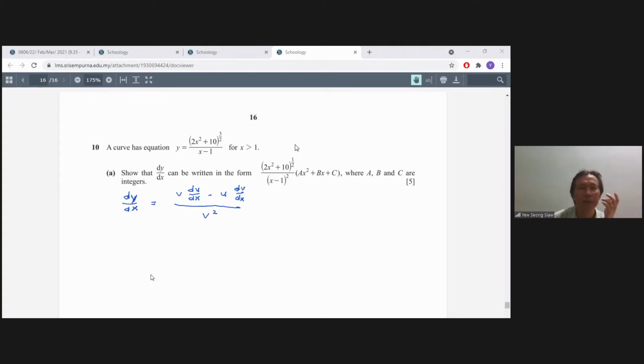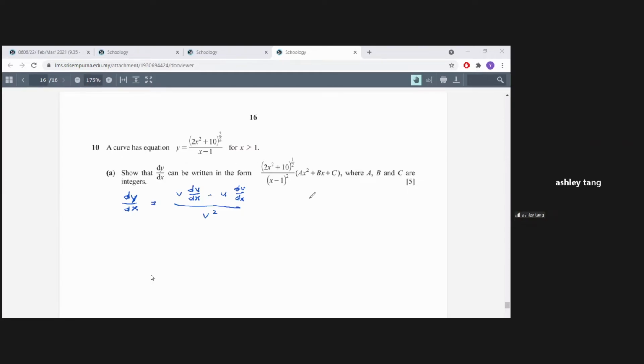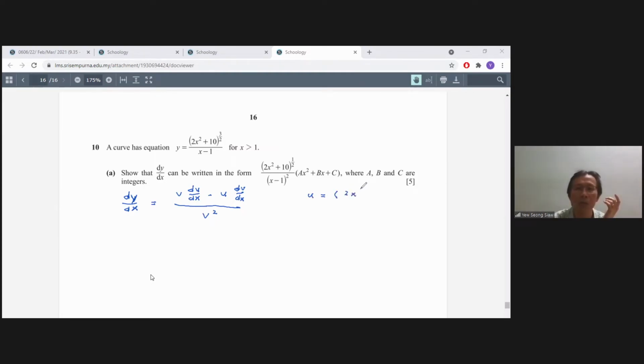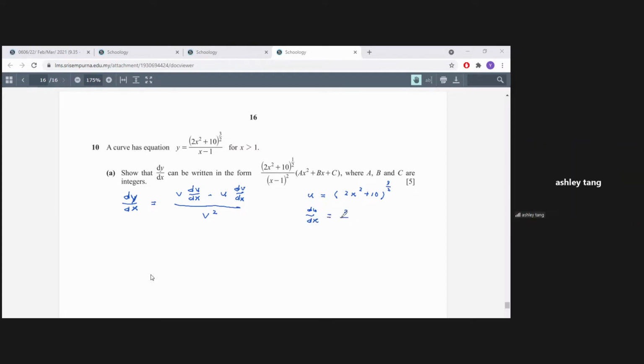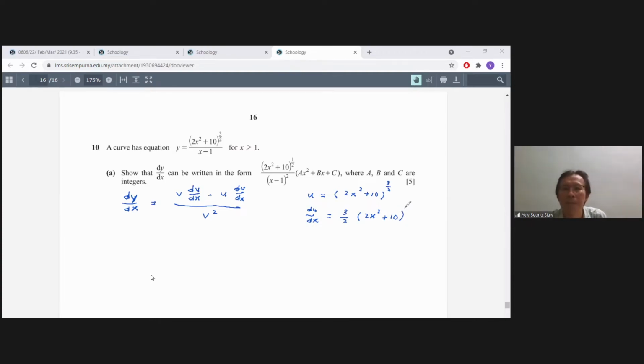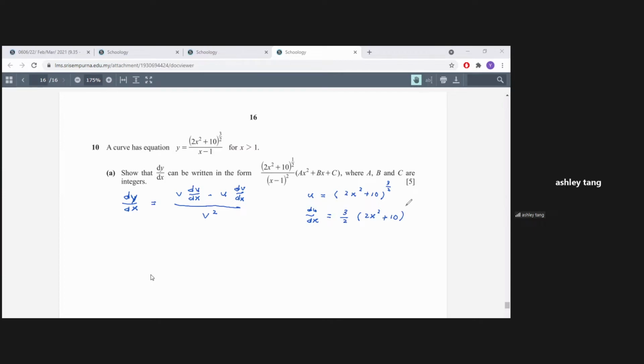U is which one? The one on the top, 2x squared plus 10 power half. Top, the top one is the U. Can you differentiate it? 3 over 2, 2x squared plus 10 times power first, the power 3 over 2 minus 1.